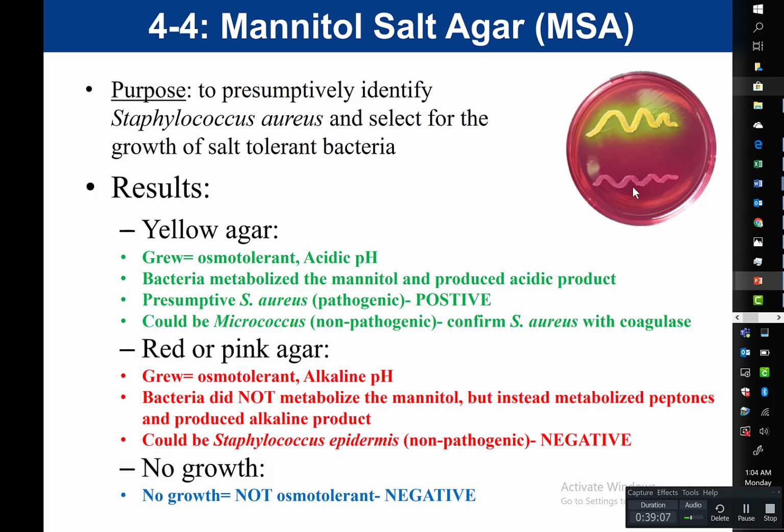So a nutrient agar plate is just a comparison for all bacteria, because again, the only thing that's going to grow on MSA is osmotolerant bacteria. So we would do a nutrient agar plate as a control, as a comparison for all bacterial growth. And so it's possible that you get no growth on your MSA plate, which means there's no osmotolerant bacteria there. Again, that's a negative because there is no Staph aureus.